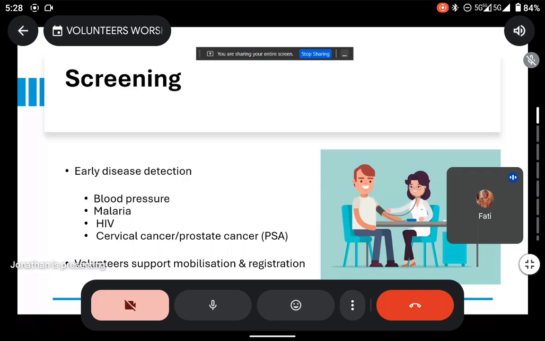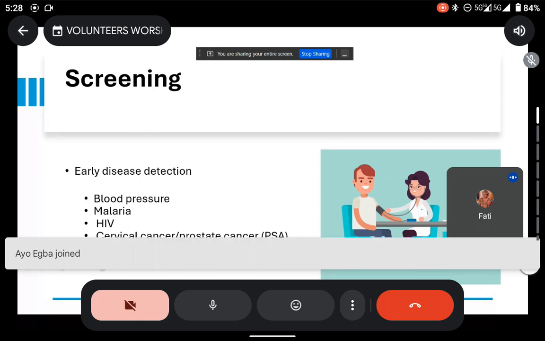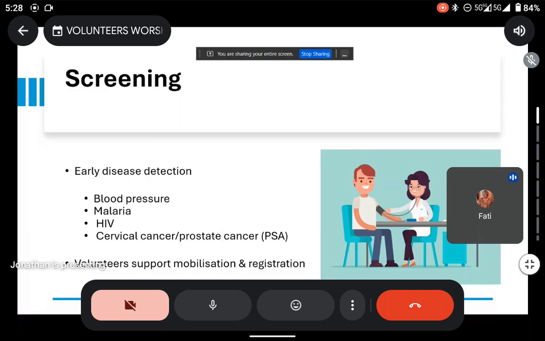There are some volunteers who may be medically inclined, but from where I come from, mostly you find people who may not be so on top of that. So usually they do the registration, mobilizing of people, assisting in registration, and all the other tasks.